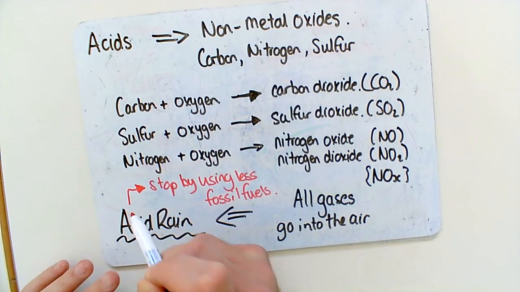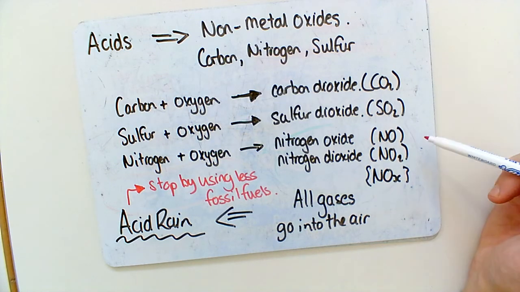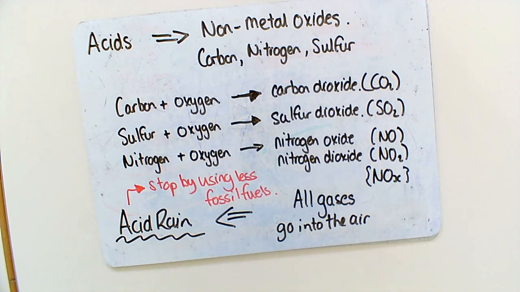Because those fossil fuels are what produce especially this, but some of this and some of this. We can also trap these before they get into the atmosphere by putting devices on chimneys or exhaust pipes of cars. That's especially done with the NOx, the nitrogen oxide gases. But let's go over this.